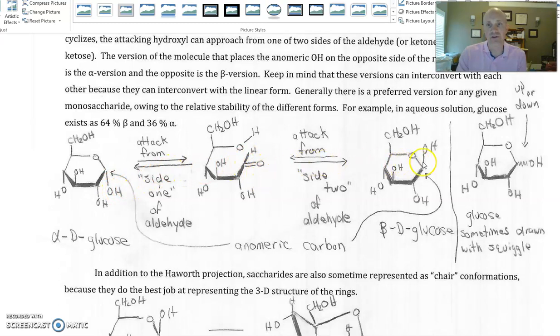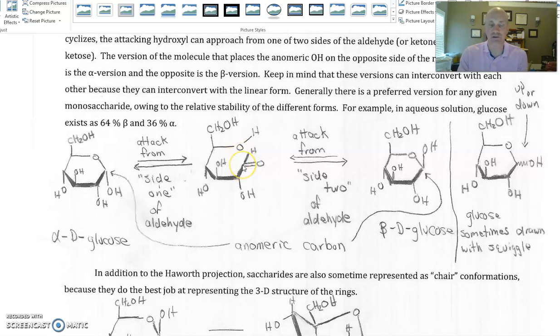So the reason that we can get two different stereochemistries there, and it's kind of hard to see this in this model structure, is that the electron pair could attack this aldehyde from one of two possible sides.